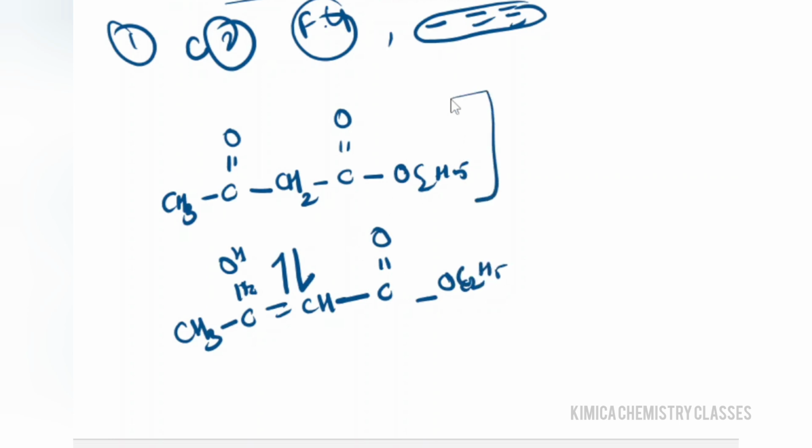So this is the keto form and this is the enol form. This is tautomerism. This compound shows the properties of both keto and enol forms.